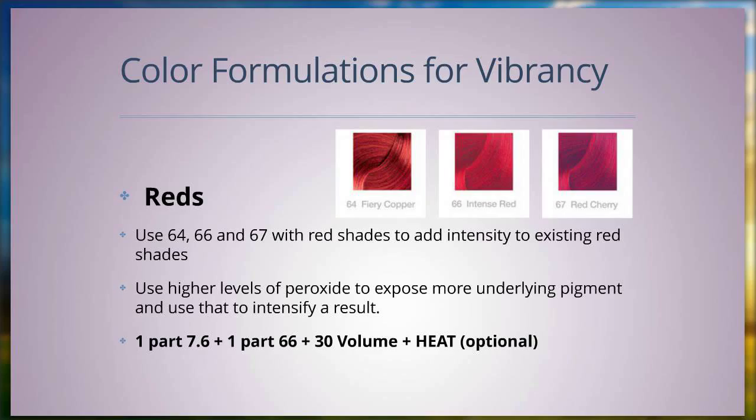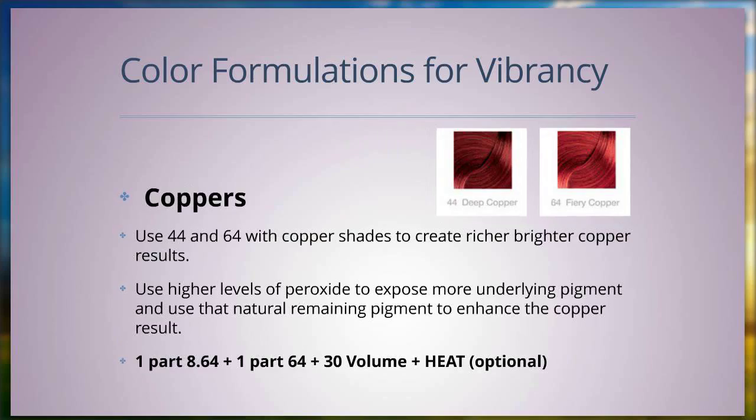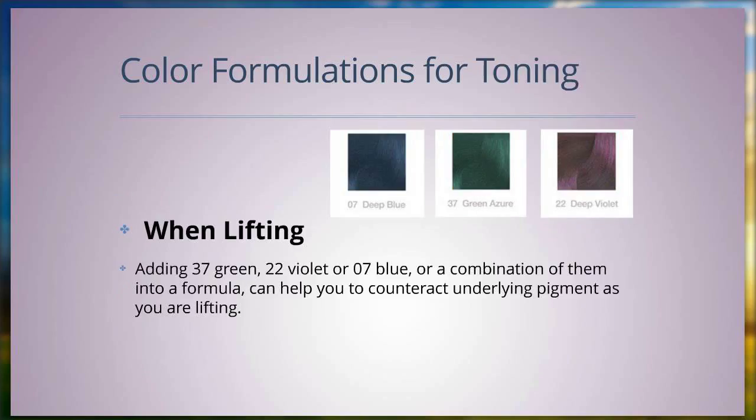If let's say our target is a 7.6 and we add a 66 and we use 30 volume, we're adding more red to those colors. Same relationship in our coppers. If we're using an 8.64, we can add our 6.4 amplifier to it, and it's going to give us more red copper in there.